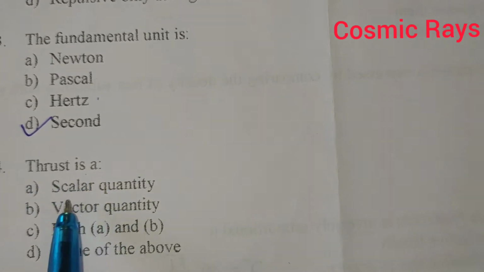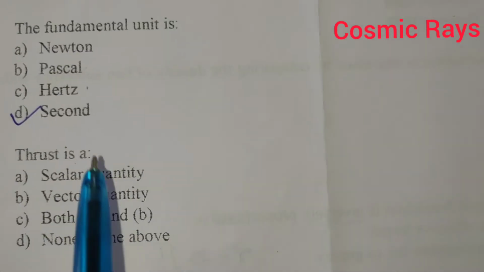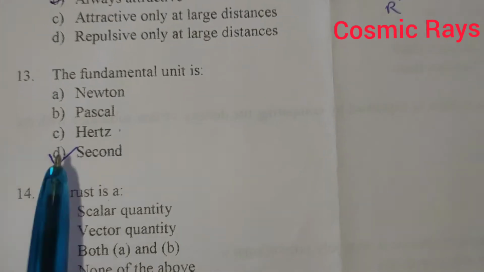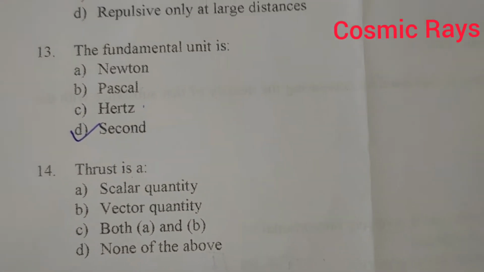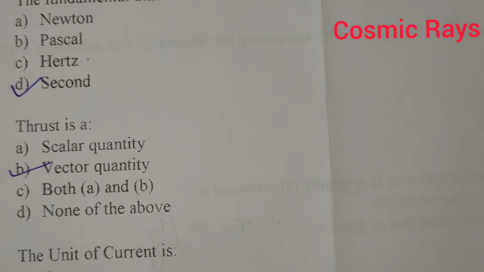Another question is based on scalar and vector quantities. It says thrust is a scalar quantity, vector quantity, both or none. If you remember the definition of thrust, it is a force applied perpendicularly. So here we are talking about direction, so it is a vector quantity.